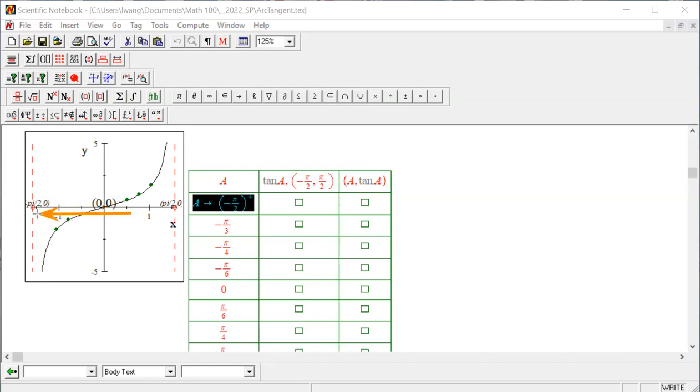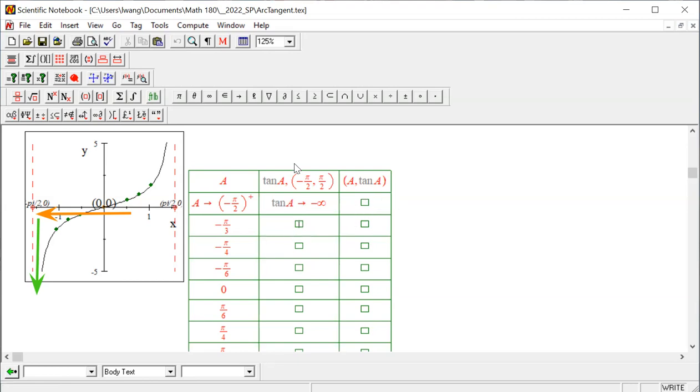When it approaches negative pi over 2 from larger than pi over 2, the function's value is approaching negative infinity. So on this piece, tangent A is approaching negative infinity. Okay, there's no specific point here then.